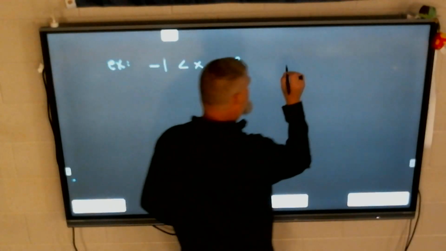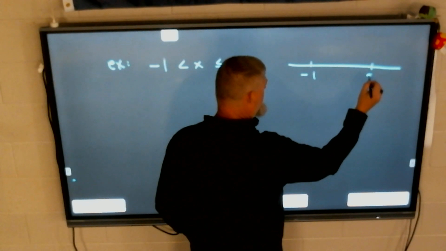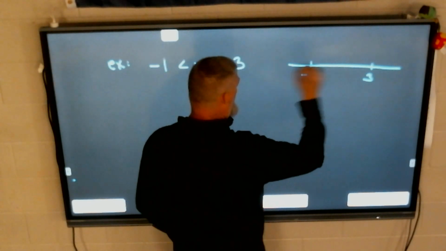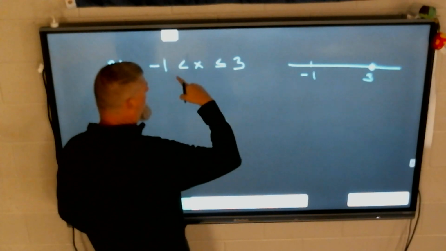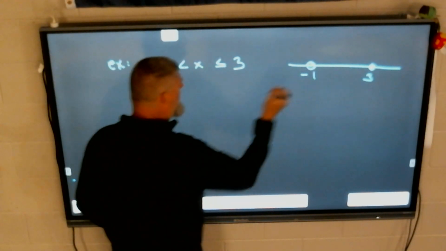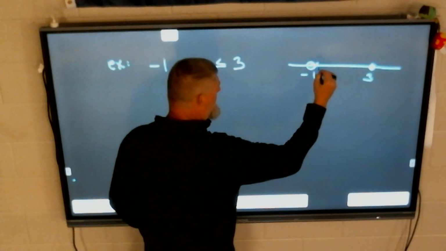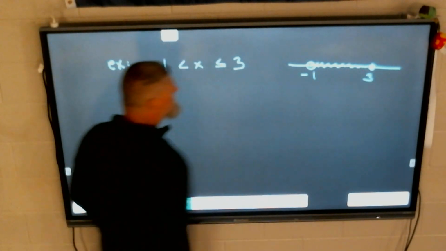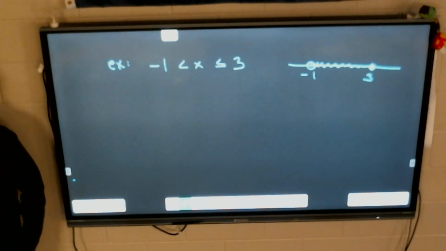So if I think about this on the number line, here's negative 1, here's 3. I know on 3 I'm going to go closed. I know on negative 1 it's going to go open. Going back to it's equal to, it's not equal to. And then it's every number in between those two. So this is going to be a half open, half closed interval.